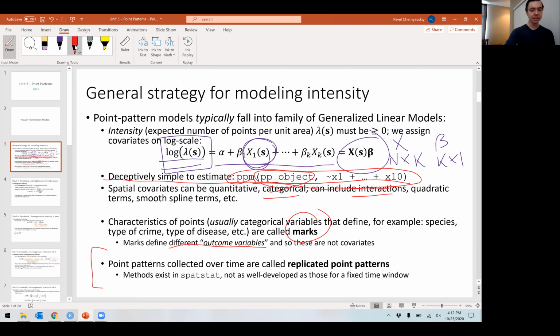If you have points that you have recorded once a year, every year, you have replicated point patterns, once per year, once a month, once a day. There are analysis methods that exist in the R package, but they're not as well developed as those for a fixed time.